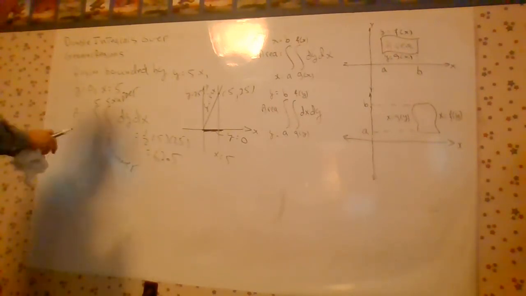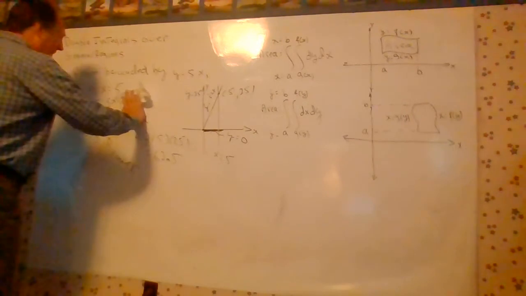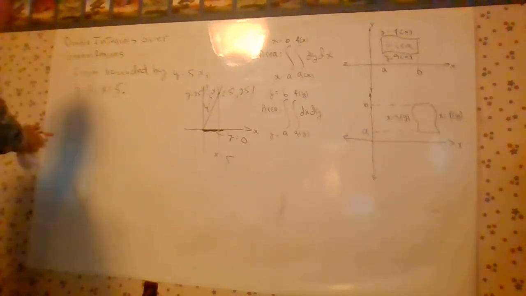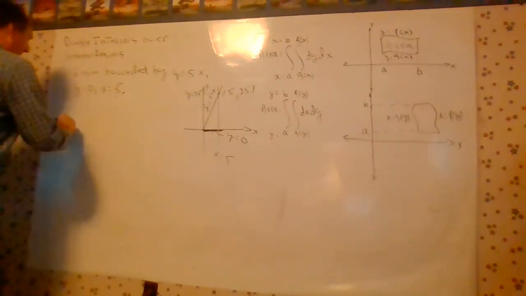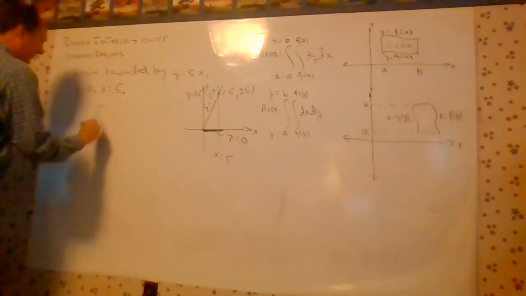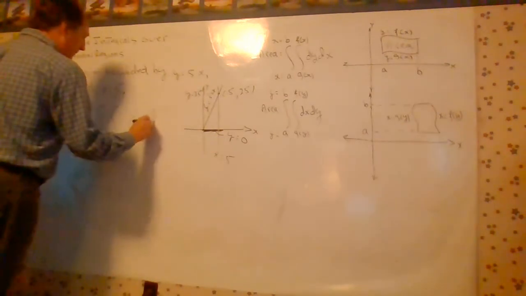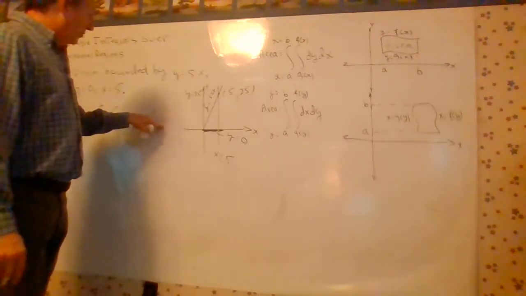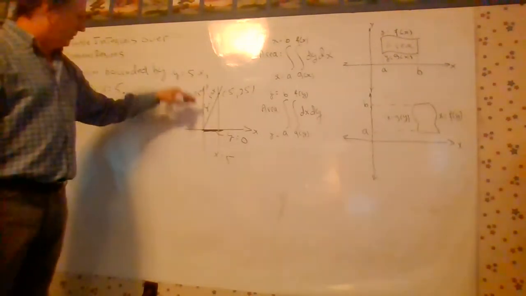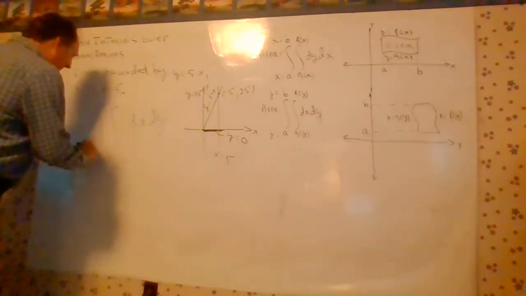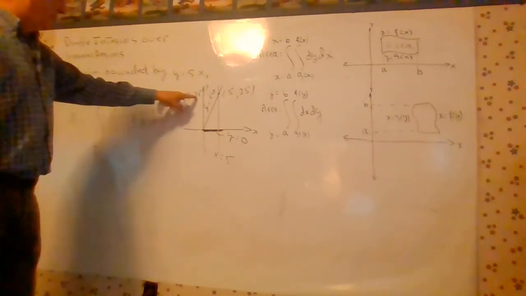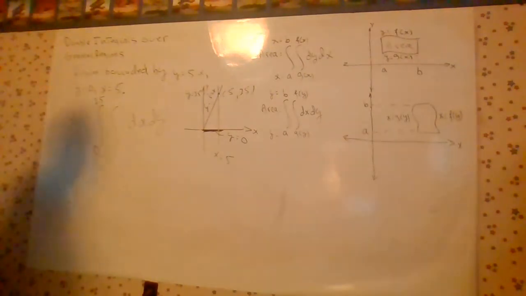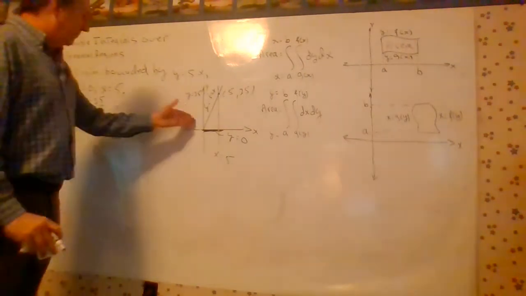Now let's do it the other way. Let's do it as a dx dy integral, okay? Set up the y limits first, lower to upper. The lower y value is 0. Upper y value is 25. And then x goes from left to right.